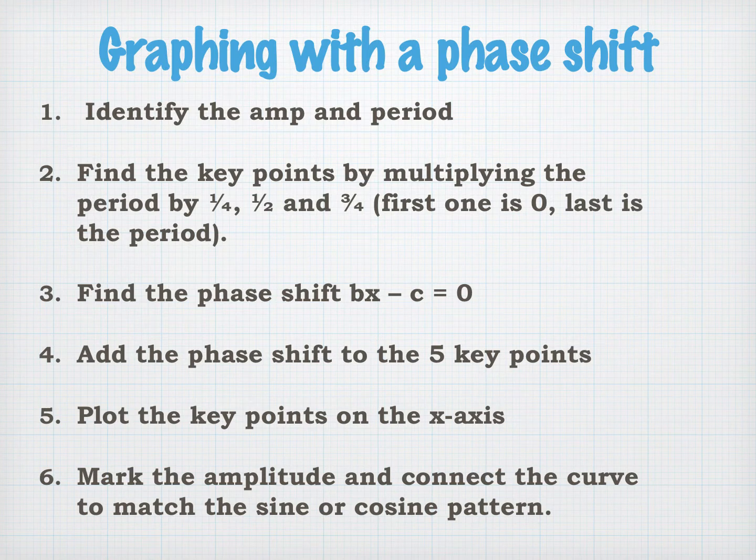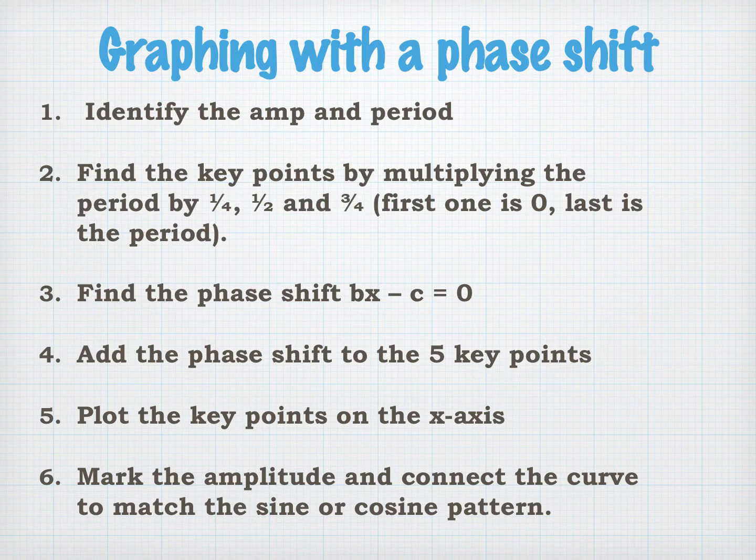So here, just like before, if it's got an amplitude and a period, we would have to change that. And then you can find your key points. But again, our B value is going to be 1, so we're just going to look at whatever is being added or subtracted to that x.